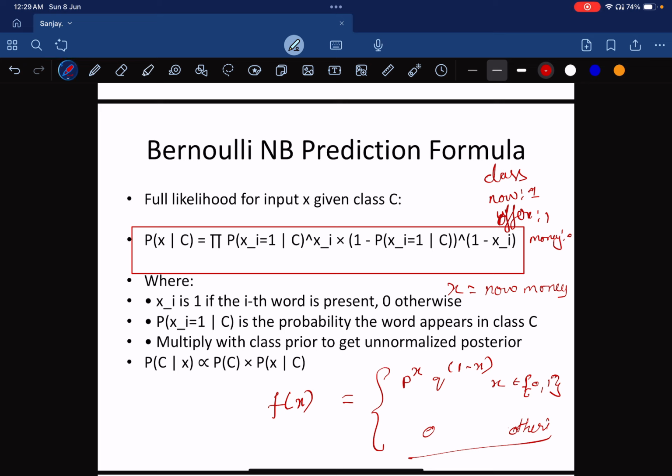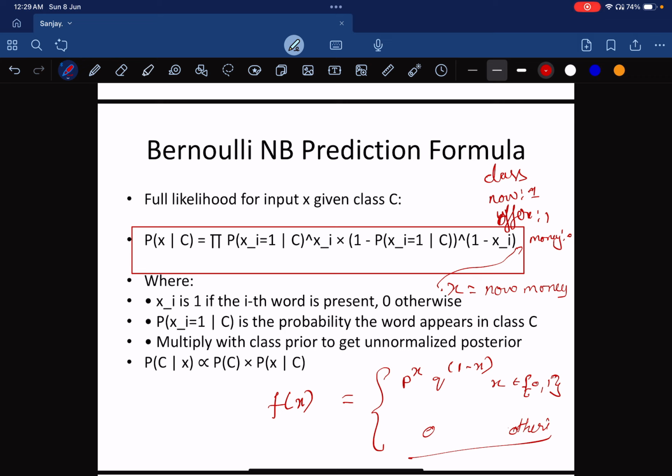For simplicity, in this example, to find the probability of x belonging to this class, like class 1, we first use this Bernoulli's formula, and after finding its probability, we use the Bayes theorem to find the overall probability of x belonging to that class.